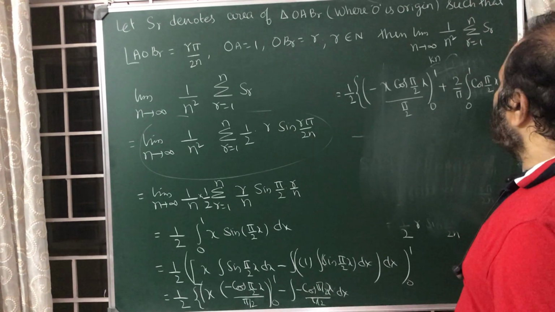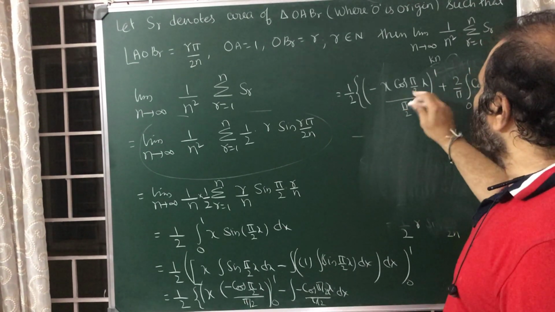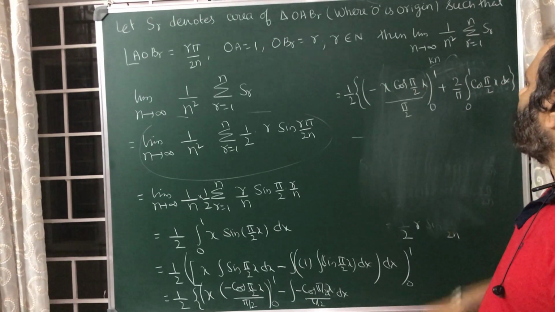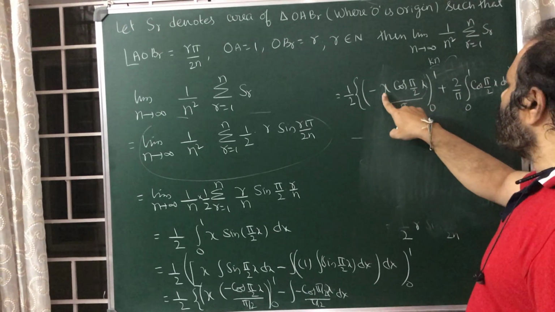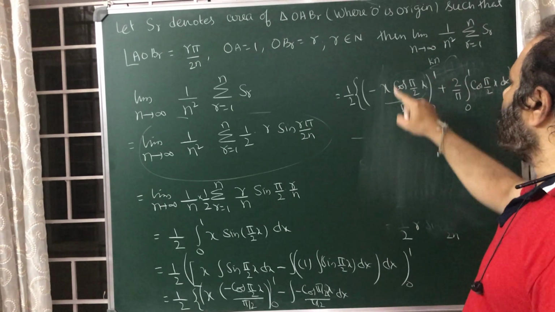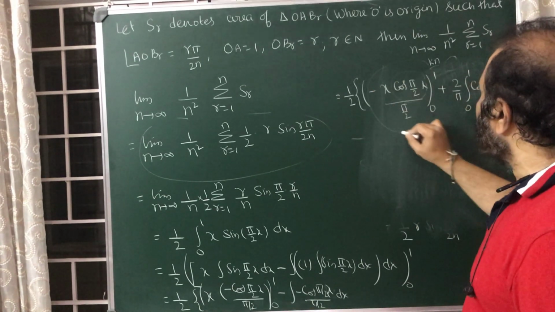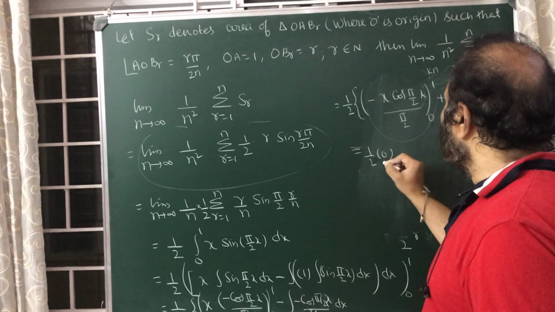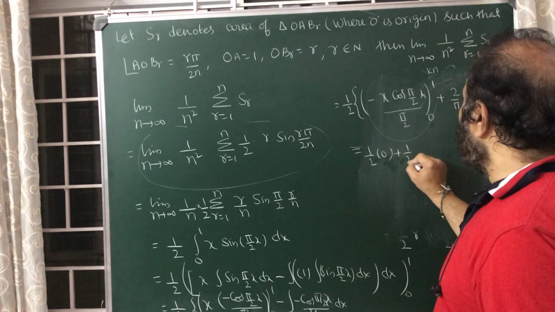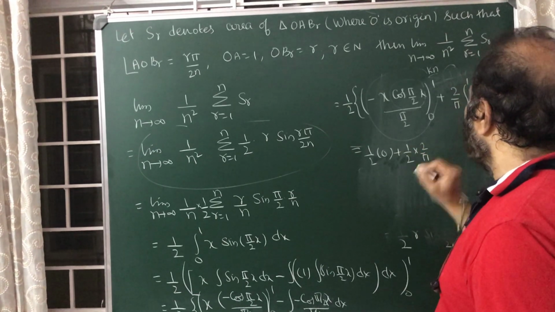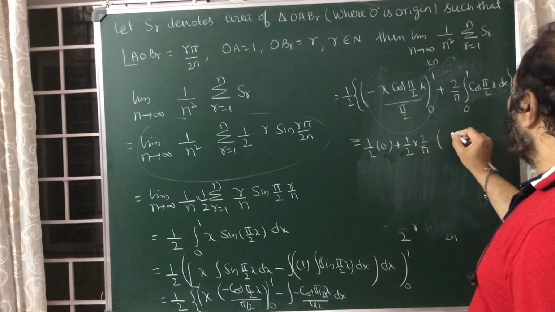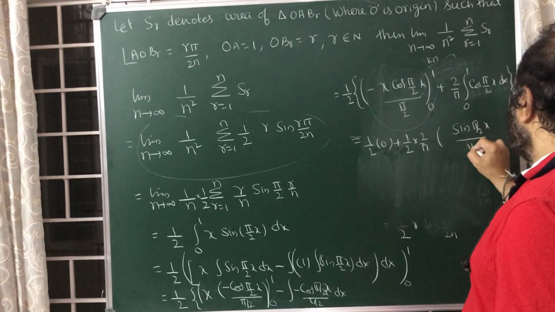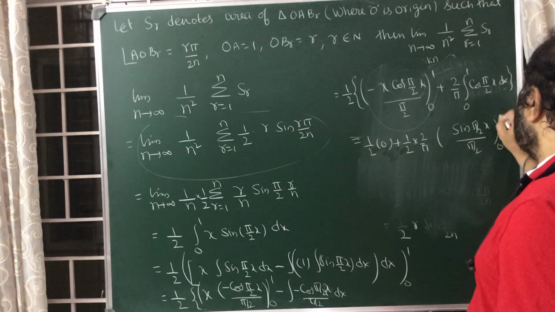Now if you simplify this, if you put x equals 1, cos pi by 2 is going to make it 0. If you put x equals 0, because of this x it's going to be 0. Therefore there is no impact of this on the area. Hence it will be equal to 1 by 2 into 0 plus 1 by 2 into 2 by pi into the integration of cos pi by 2x, which is sin pi by 2x divided by pi by 2, between the limits 0 to 1.